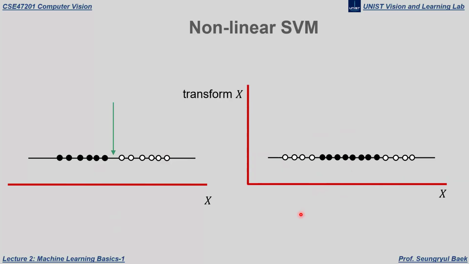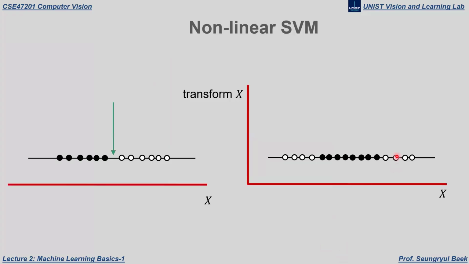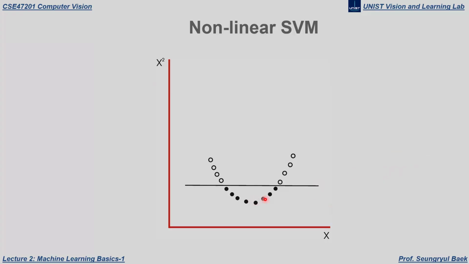But if you apply an X square transformation on the X data, okay? Let's say this is 0, the X equal to 0 line. Then if you go further from the origin, these points have larger X values, and their X square value looks like this, right?